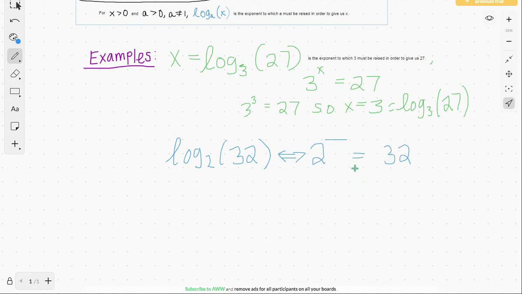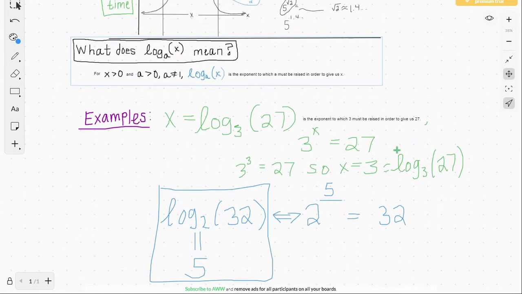And if we multiply 2 by itself, let's experiment. 2 times 2 is 4, so 2 squared is 4. We multiply by 2 again, we get 8. By 2 again, we get 16. And by 2 again, we get 32. So that took us 5 multiplications. We got 2 to the 5th power is 32. So, in other words, log base 2 of 32 equals 5, because 2 to the 5th power is 32.